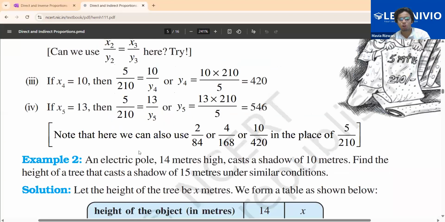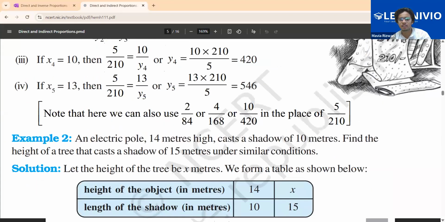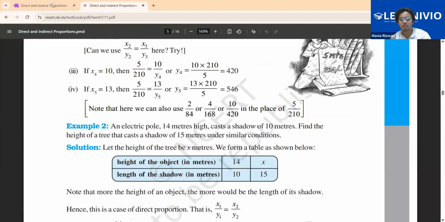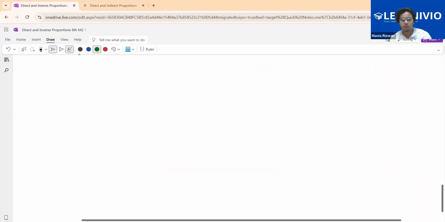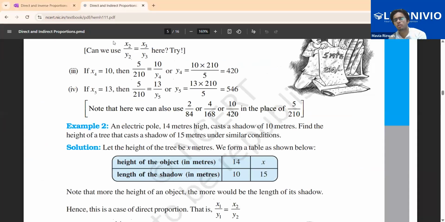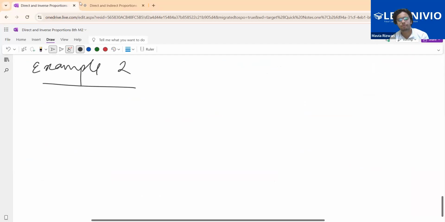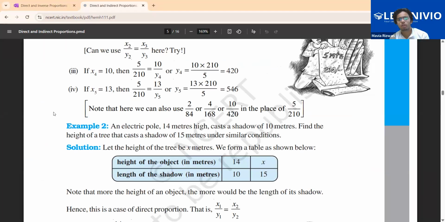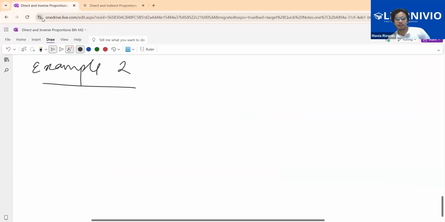An electric pole 14 meters high casts a shadow of 10 meters. First, write the word statements. This is example 2. I can see there is the first type of quantity, the object, that is the pole and tree in the question.